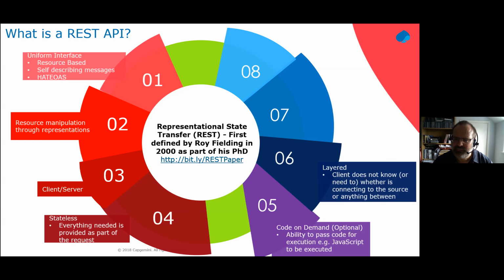Layered. This is one that people sometimes get tripped up on. People, particularly if they're used to working with older models, particularly FTP or shared database tables as ways of integrating, tend to think that a REST API can take megabytes and terabytes of data in a single call, and it can't.